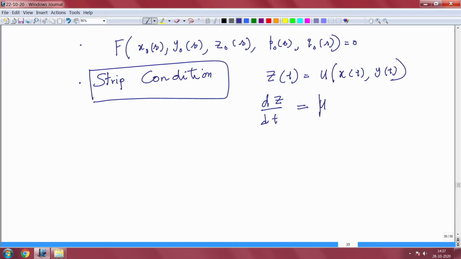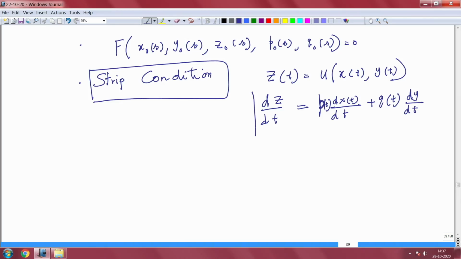So you will have p into dx by dt. This is pt, it is satisfied for every t, plus qt, that is uy into dy by dt.